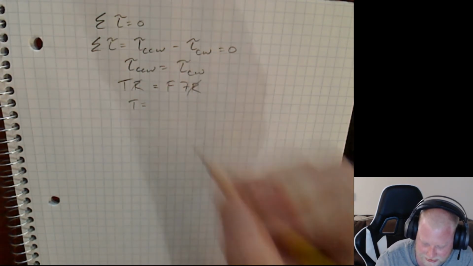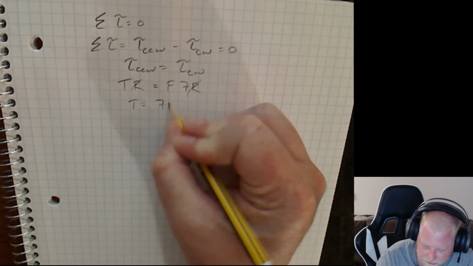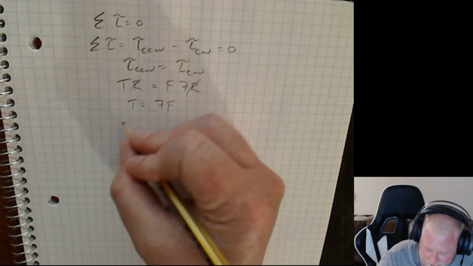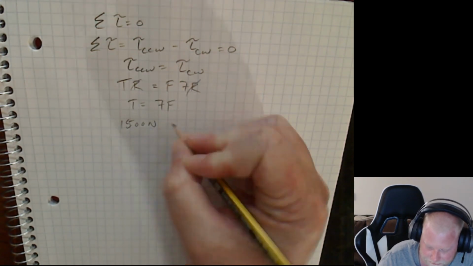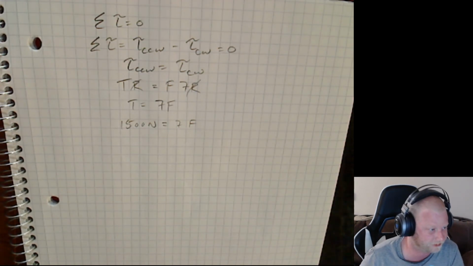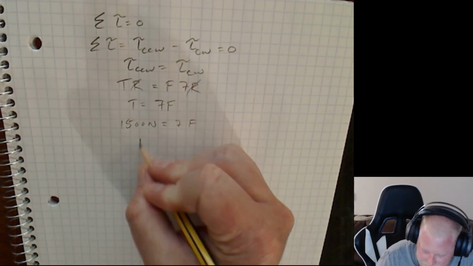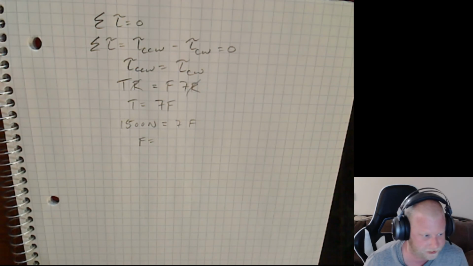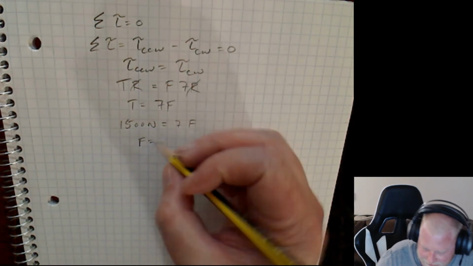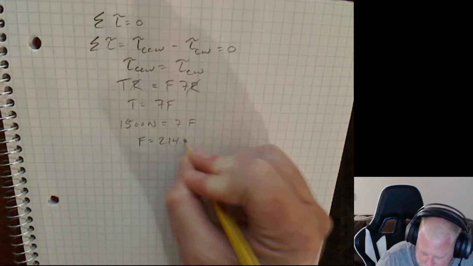So we get that the tension is equal to 7F. So 1500 newtons is equal to 7 times whatever the force is that the sailor is exerting. Plug that in, and you get 214.3 newtons.